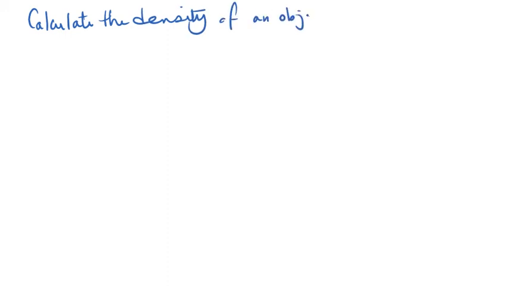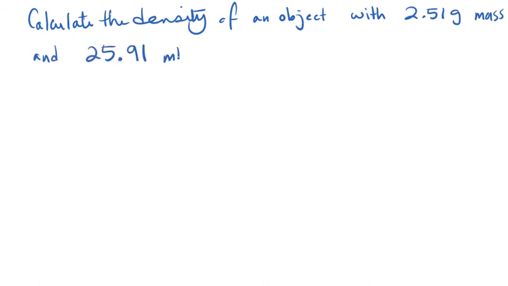First, the simplest example: calculate the density of an object with 2.51 grams mass and 25.91 ml volume.